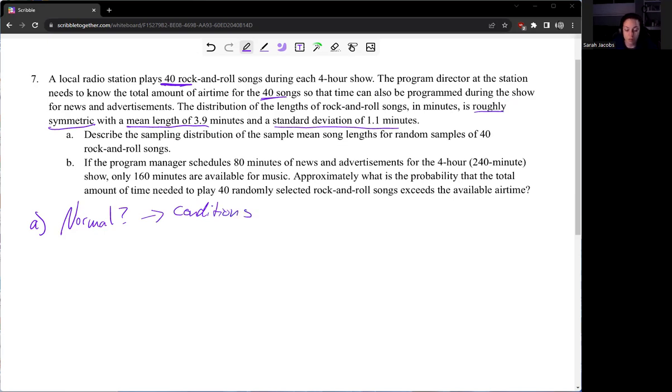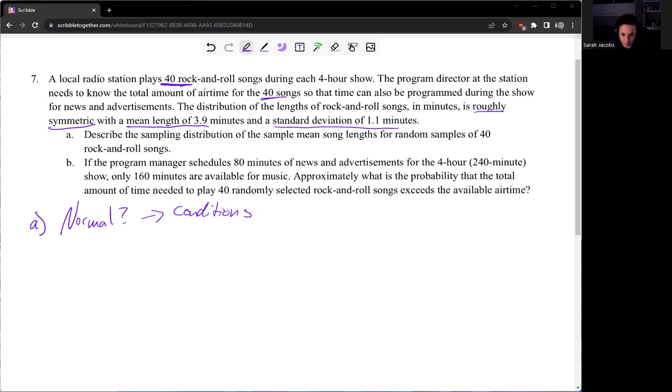And once we know that it is normal, it can be described by a normal distribution, then we want to establish the mean and standard deviation. Since this is about mean length, and it's not a proportion, we need to think about our conditions for means. So make sure we've got all the pieces and parts here.